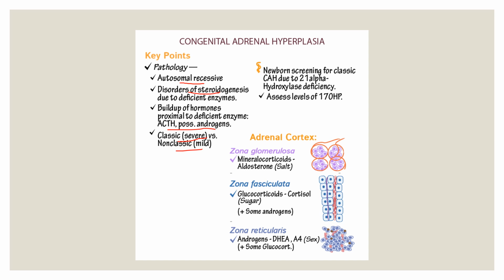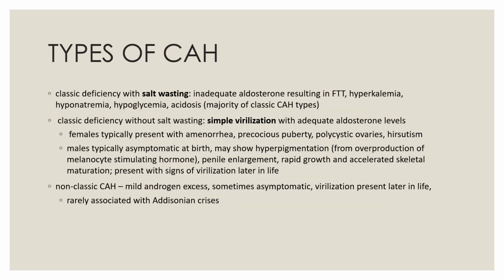So newborn screening for classic CAH can be done for 21-hydroxylase deficiency. So you can assess for that. Also assess for 17-hydroxyprogesterone levels. The types of CAH are classic deficiency with salt wasting and without salt wasting, or simple virilization.